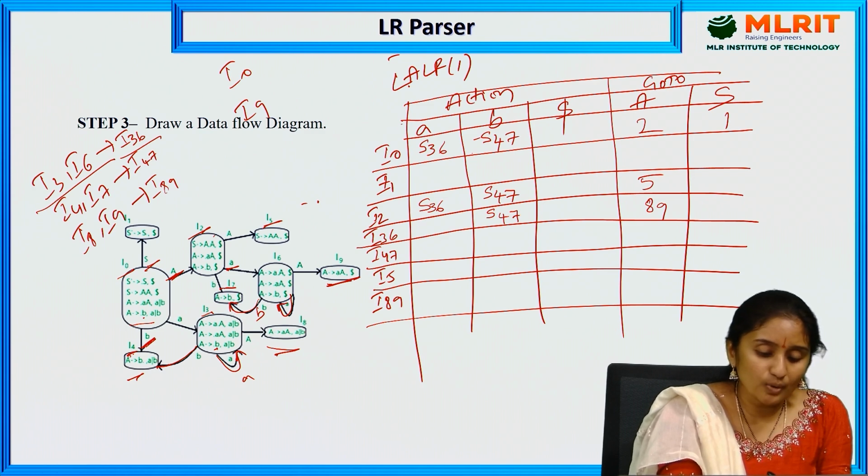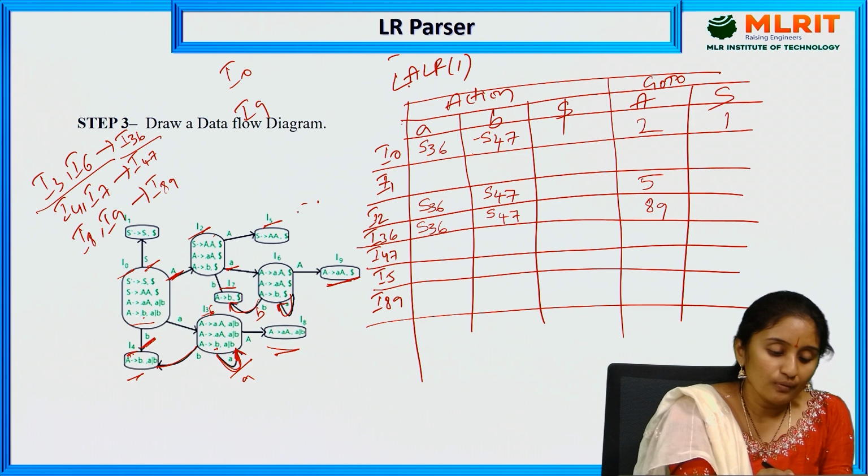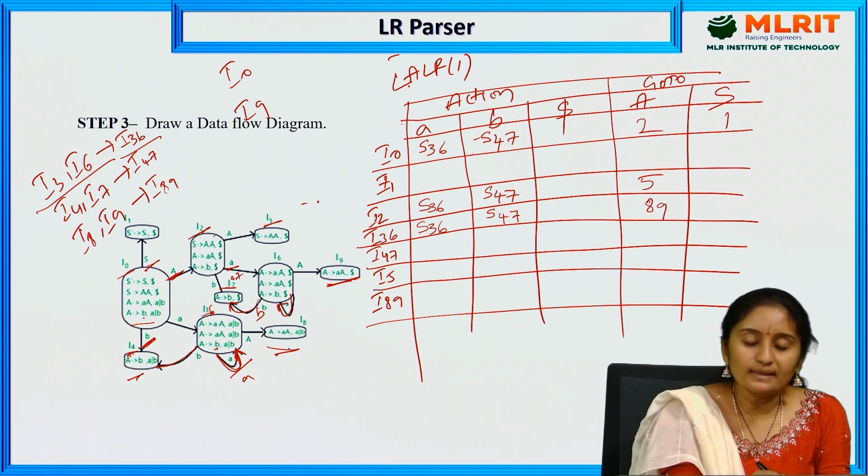I3 on small a is a self loop, so we write it as 3. 3 is nothing but 3, 6. 4 is nothing but 4, 7. 6 is nothing but 3, 6. 8 is nothing but 8, 9. I3 is completed. The next we have I4.